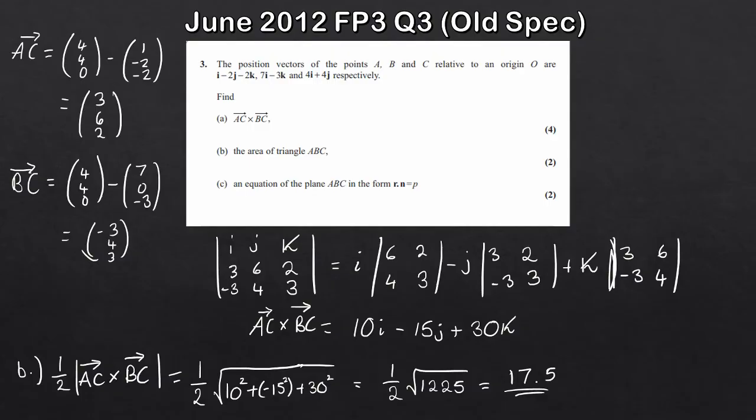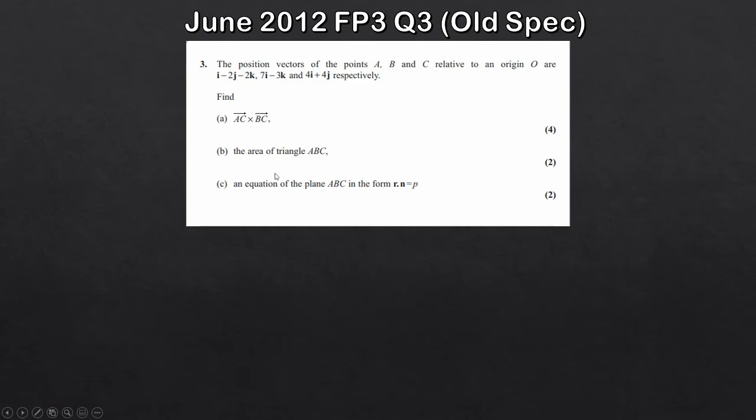So if I just clear all this just so we've got enough room for part C, so erase all the ink on the slide. Well, what we've got here now is that we're being asked to find an equation of the plane ABC in the form r dot n is equal to p. Well, remember, when we're writing the equation of the plane, we've already got the n. The n was just what we worked out, the AC cross with BC.